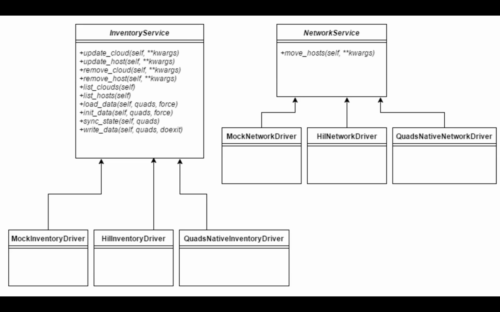And then we also subclassed each abstract class with a mock, a HIL, and a quads native, which we changed the name from Juniper to quads native to properly describe what it was actually doing, in that it was the original quads behavior. And with this, we also started adding unit tests, specifically using the mock driver, so that it would be easier to continuously integrate this moving forward.